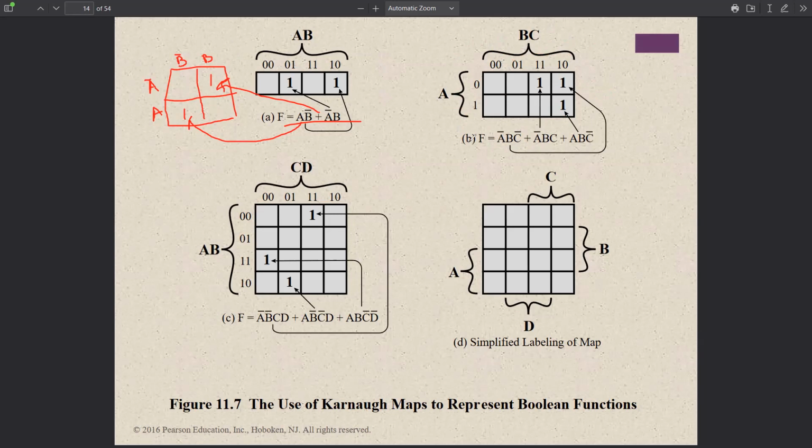And then consider this table, this Karnaugh map. Here we have 4 variables. So with 4 variables, we can draw the Karnaugh map like this.